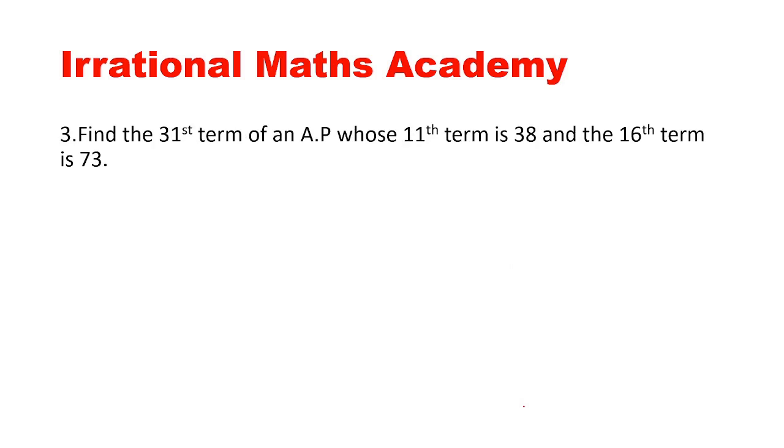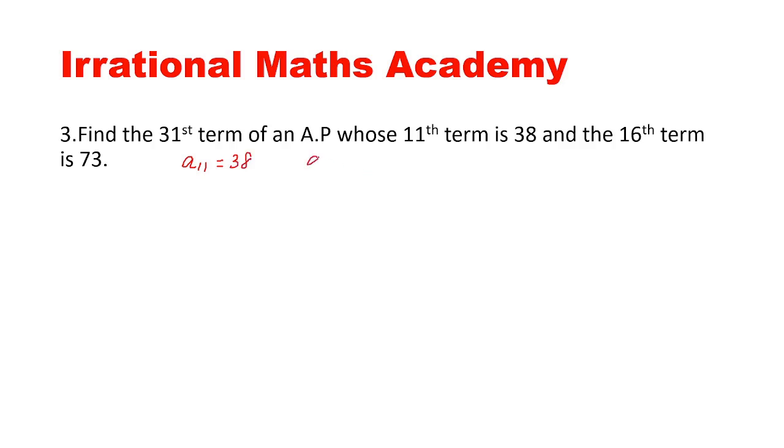Find the 31st term of an AP whose 11th term is 38 and 16th term is 73. First, 11th term: A11 equals 38.